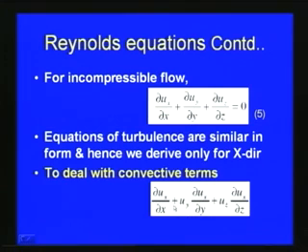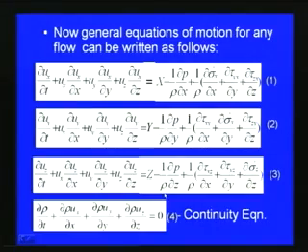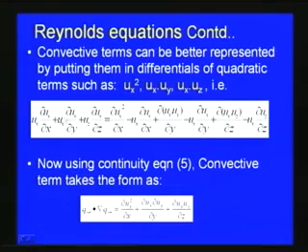We will initially consider some specific steps, and then simplify these terms by using some mathematical approximations. Here, the convective terms are u x into del u x by del x, u y into del u x by del y, and u z into del u x by del z. These 3 terms we consider as convective terms.